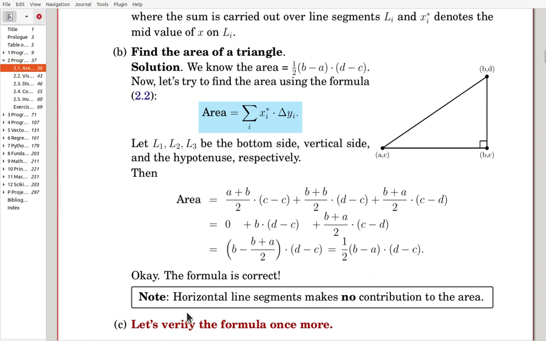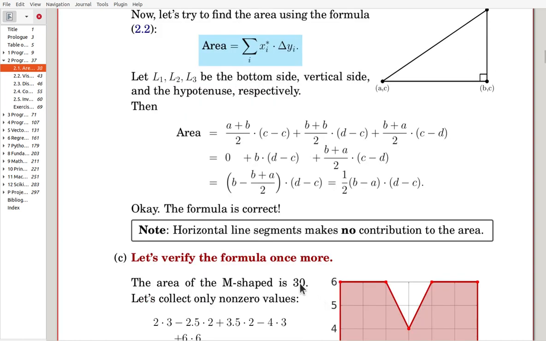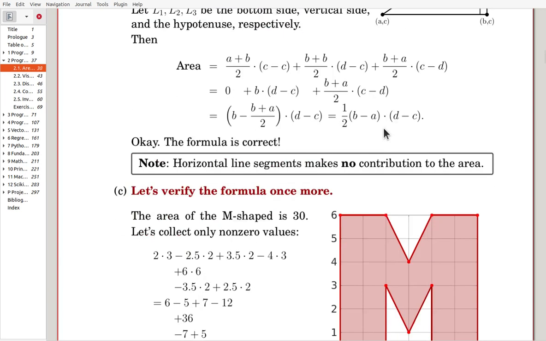Here we note that horizontal line segments make no contribution to the area. So for this example, our guessed formula is correct. Now let's verify once more.